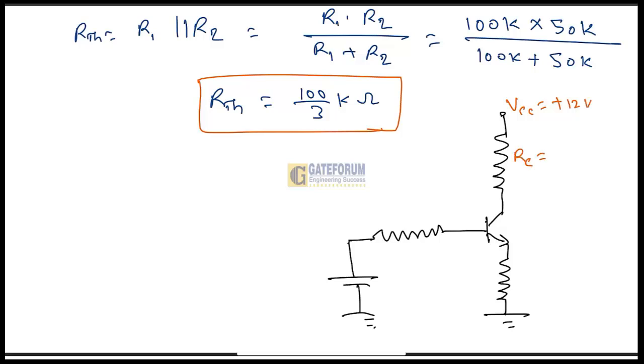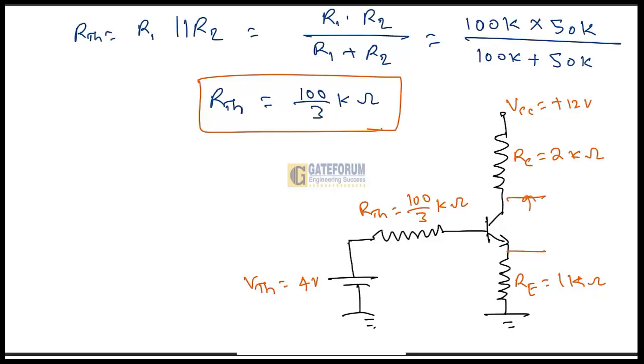This is the RC value, given here as 2 kilo ohm. This is the RE value, given here as 1 kilo ohm. This is the RTH value, which we got as 100 by 3 kilo ohm, and this is the VTH, which we got as 4 volt. And this is VCE.